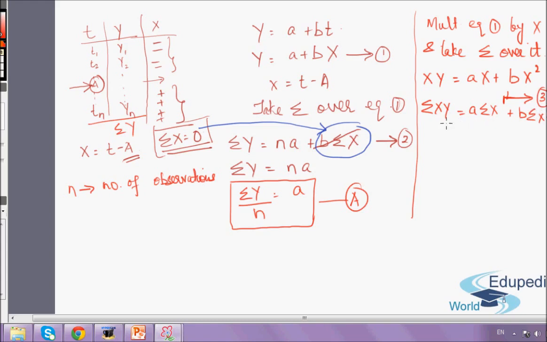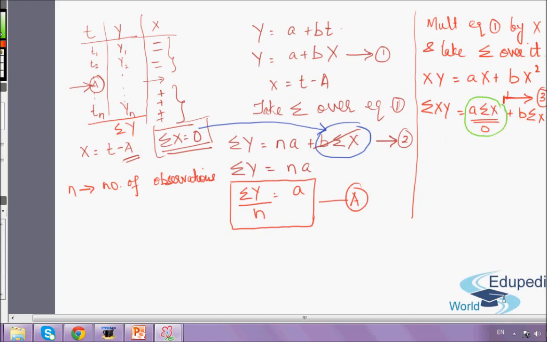Once again, if you look at the equation carefully, you see that we have a summation of x here, and by what we had done previously, that is by taking the summation of x as 0, we will have this value as 0. So once again the part with a is gone because summation of x is appearing here and that's equal to 0.